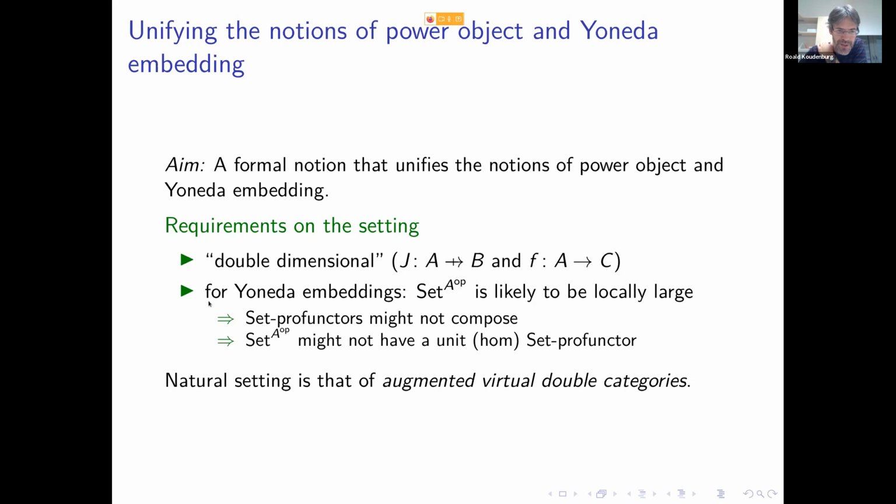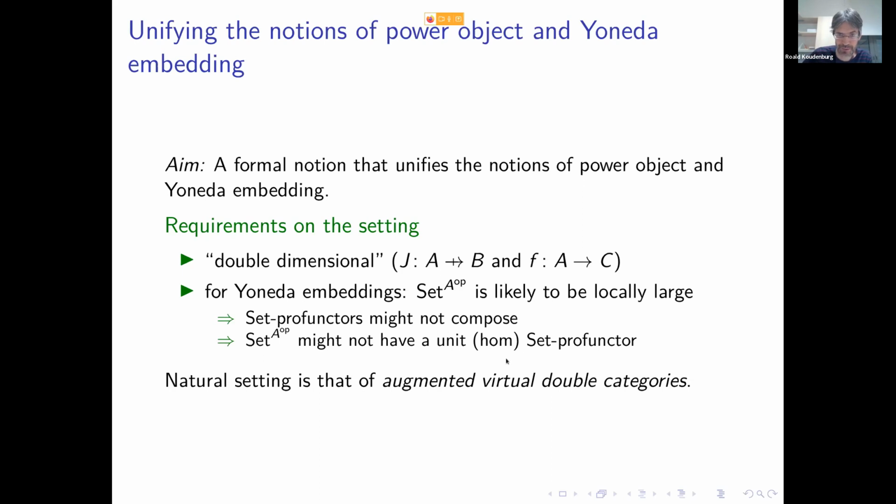And then secondly, for these Yoneda embeddings, as I just noted, these presheaf categories are likely to be locally large, and that has some consequences. First of all, profunctors with small sets as images might not compose at a locally large category, and also locally large categories won't have unit set profunctors, right?